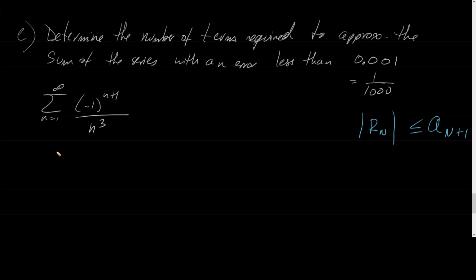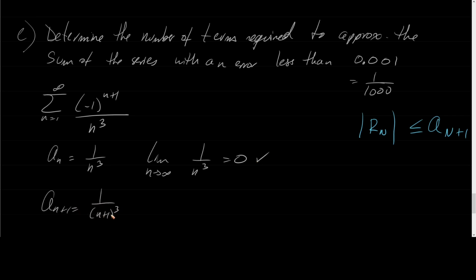So in here, a sub n is equal to 1 over n cubed. The limit as n goes to infinity of 1 over n cubed goes to 0. Good. A sub n plus 1 would be 1 over n plus 1 cubed.